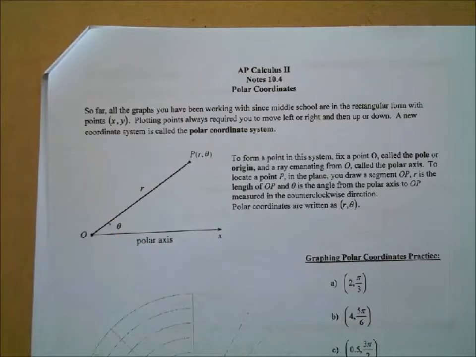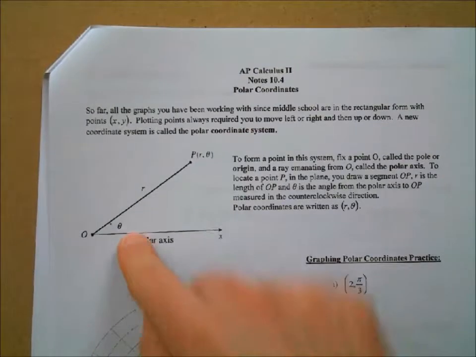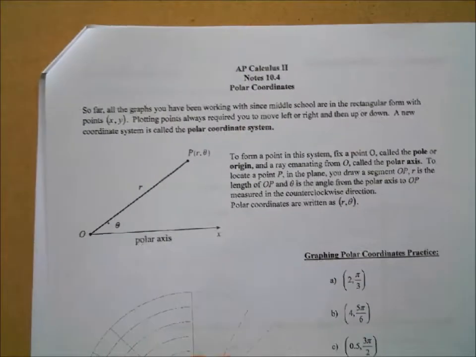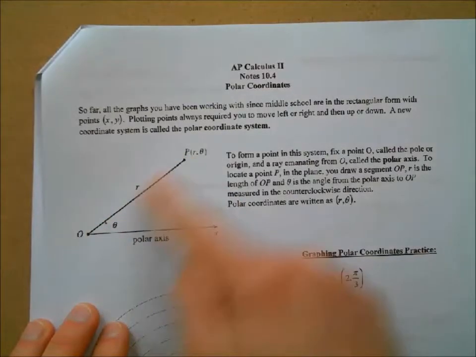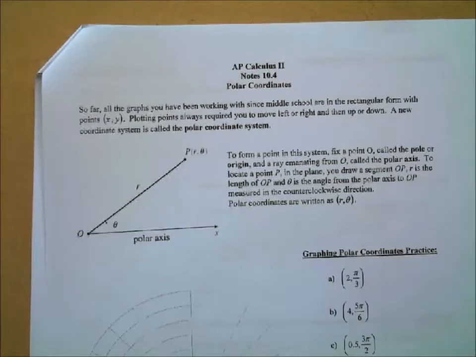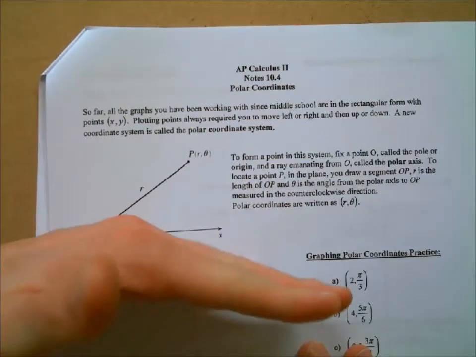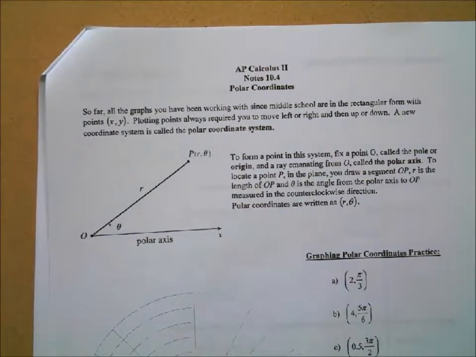If it's a positive theta, we're going to go in the counterclockwise direction. If it's a negative theta, we'll go in the clockwise direction, okay? And then we will extend a radius r out from the pole, and that will locate our point. So turn and then extend out, all right? And so that's how we're going to identify where our points are located, right?